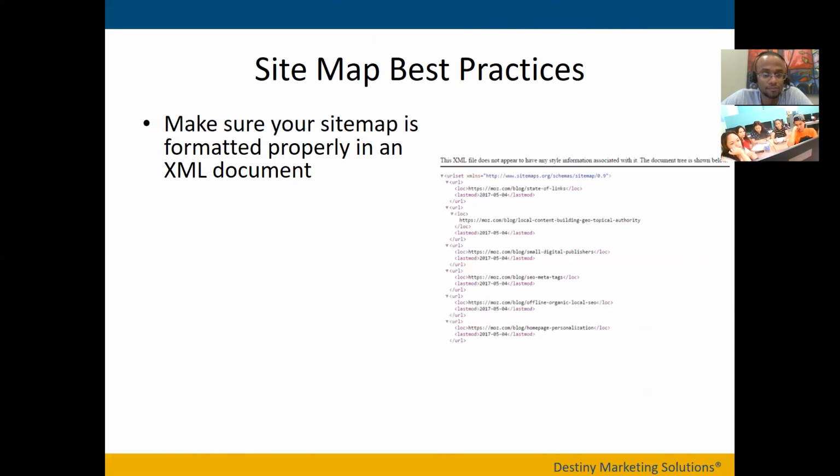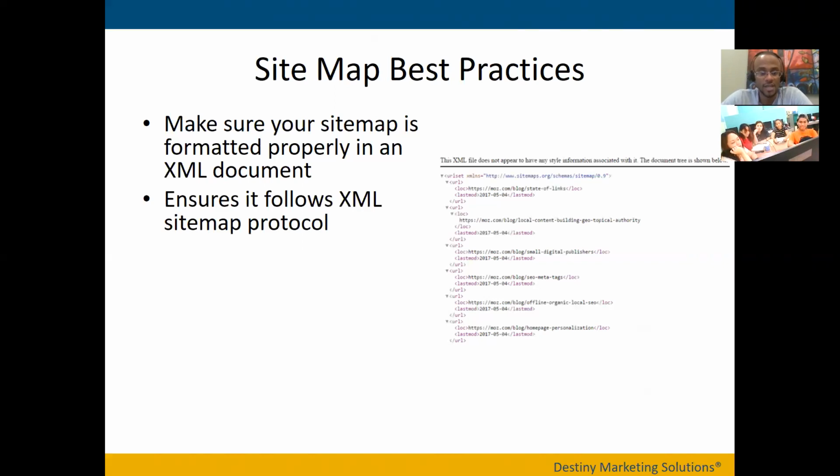If you don't know XML, you just need to pass this on to a developer so that they can properly format it. You want to ensure that it follows the XML sitemap protocol, so that the specific syntax and formatting that you see here on the right is followed in your XML document.